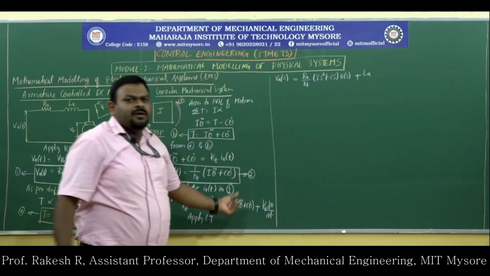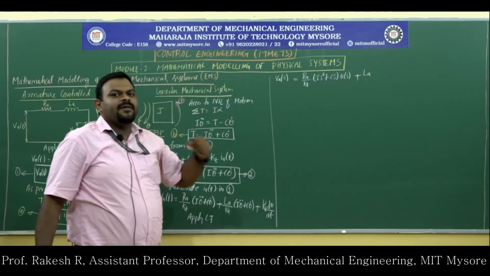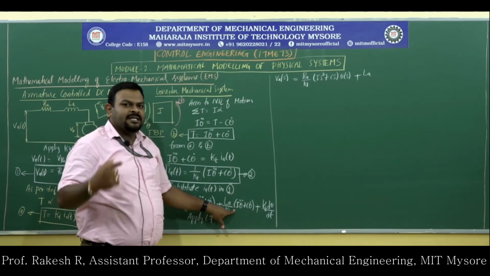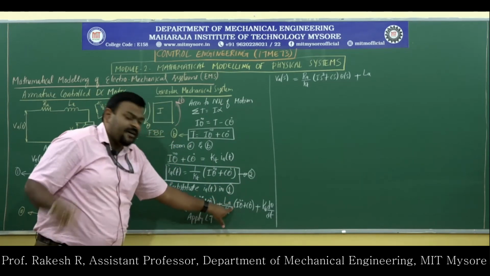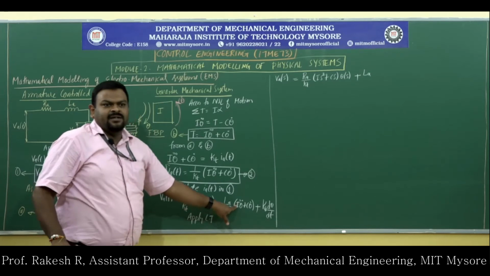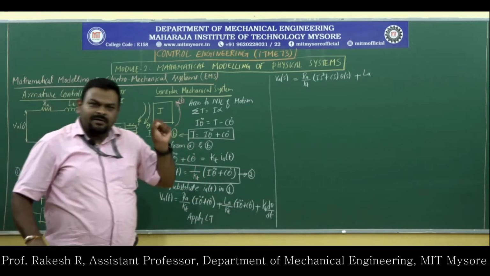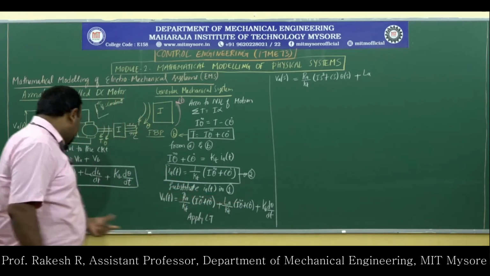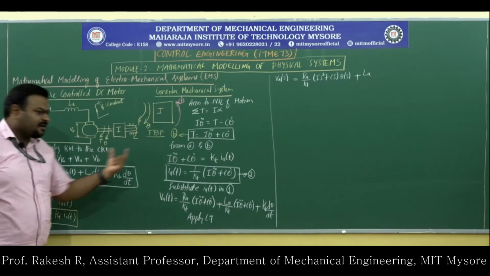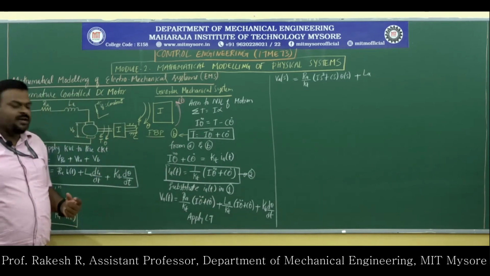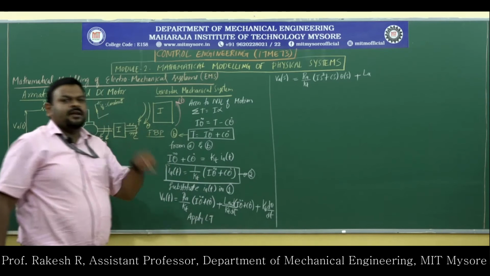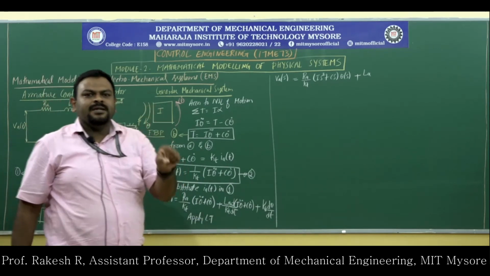Here a common mistake is made by students while writing this I theta double dot plus C theta dot: forgetting to write d by dt. That is a very important thing. Usually this mistake happens during the flow. So please look at this term and write the corresponding d by dt. Here you have to write d by dt. Later you will realize that you have missed the S term.